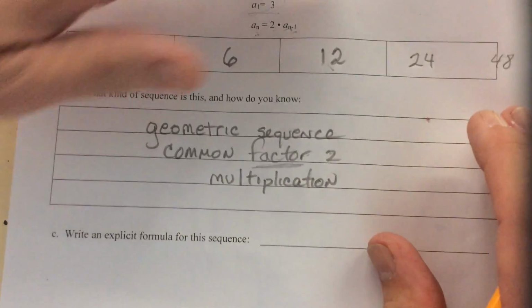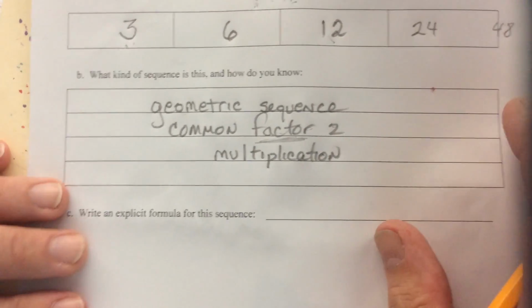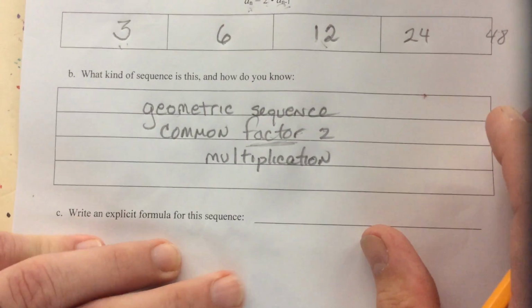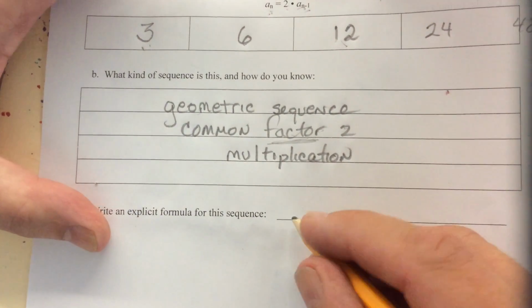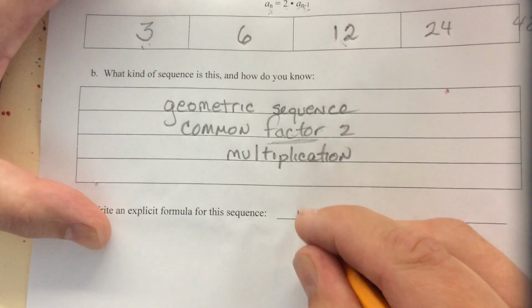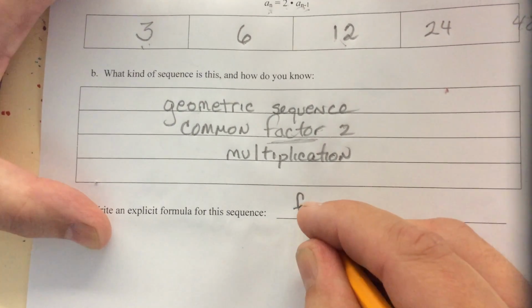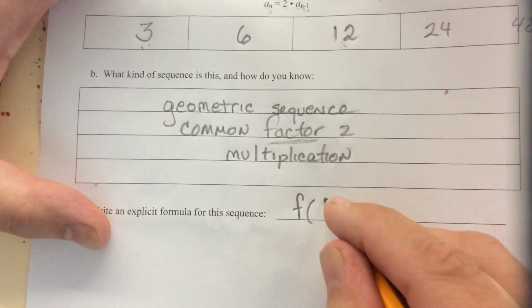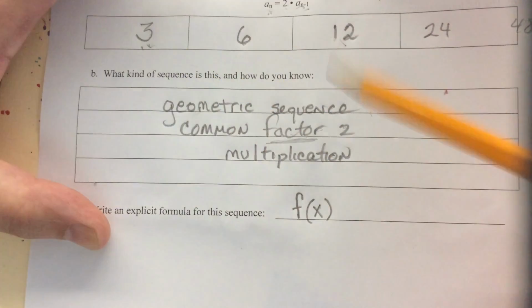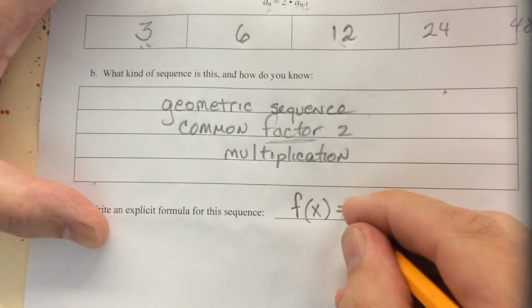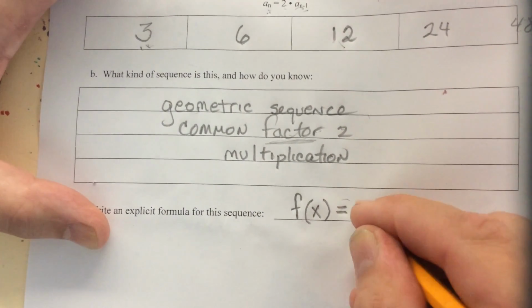Then write an explicit formula. So what's going on here? Well, I'm starting with 3. So when x is equal to 1, f of x is equal to 3.